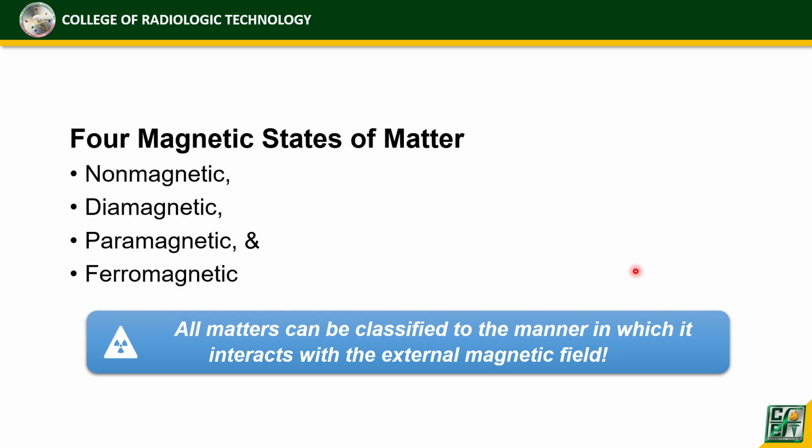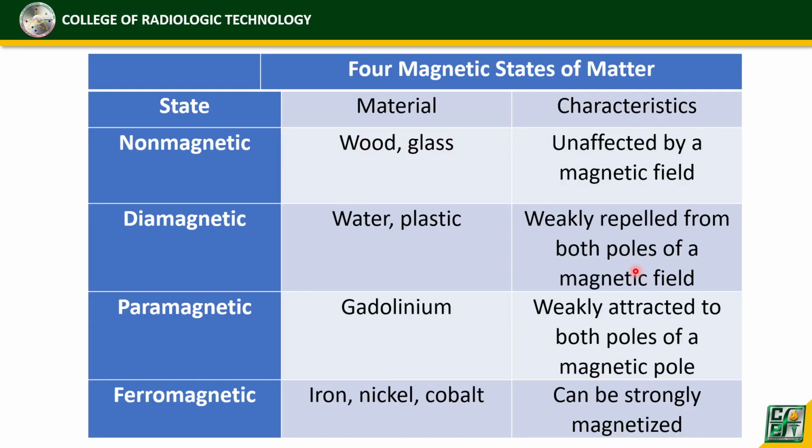So all matters can be classified in which it interacts with the external magnetic field. So maka-classify sila dito sa apat na to, depende sa interaction nila sa external magnetic field. Or yung magnetic permeability nila.